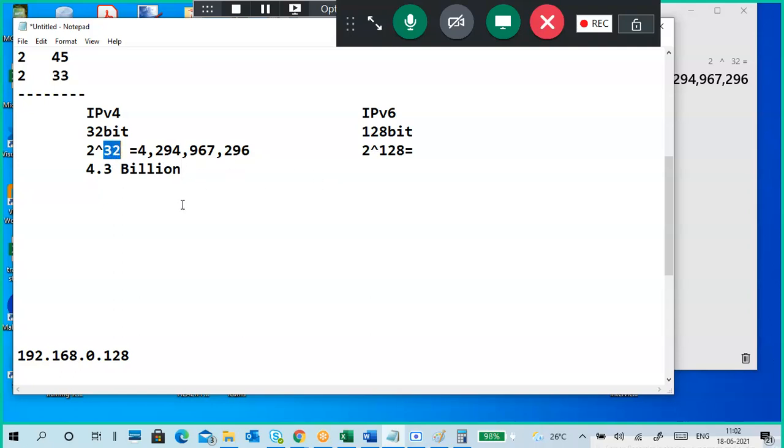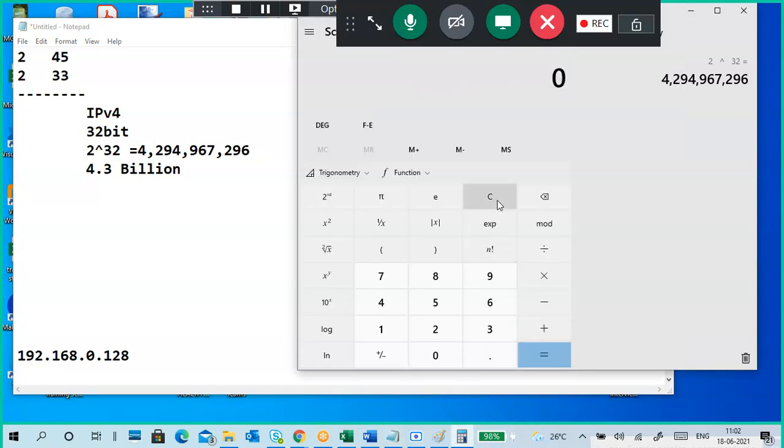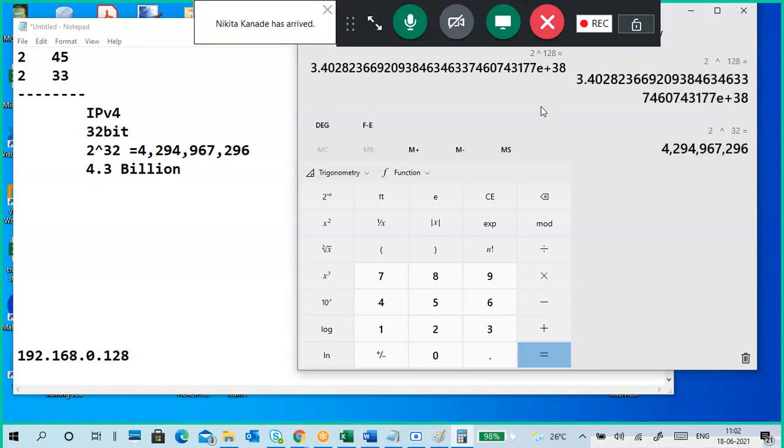See, if it is just 32 bits, we get this big a number. What about 128? 2 to the power of 128 is about 3.4 into 10 to the power of 38.